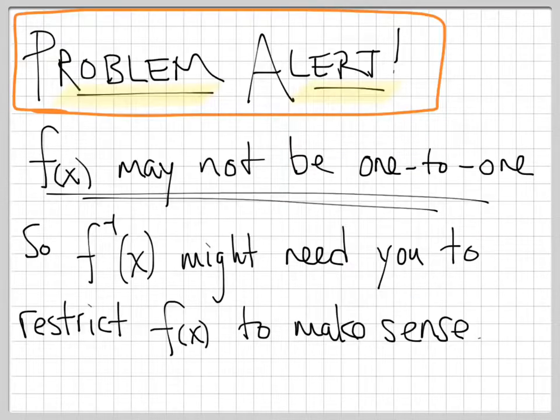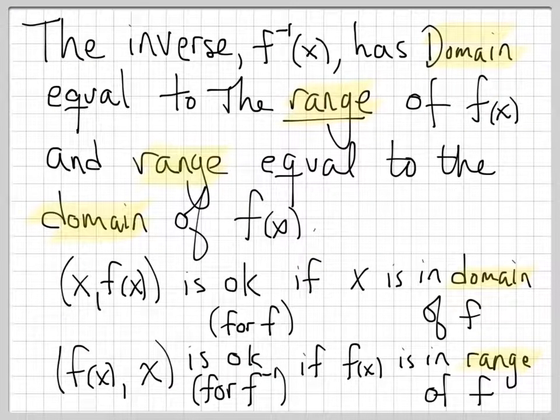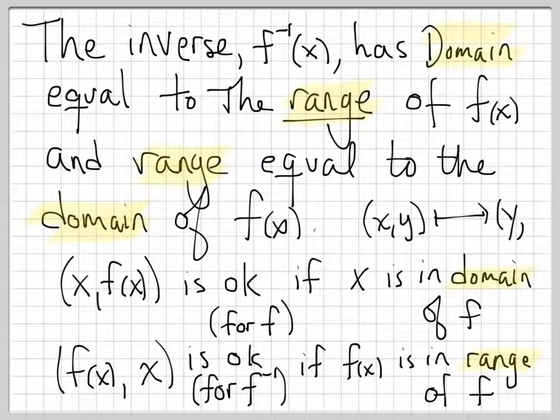So let's go back in time. There's some things I skipped. One is that the inverse, you're switching all of the x and y values. Remember, you're taking x, y, and you're switching it to y, x. The x values that are okay is called the domain. The y values you can make is called the range.